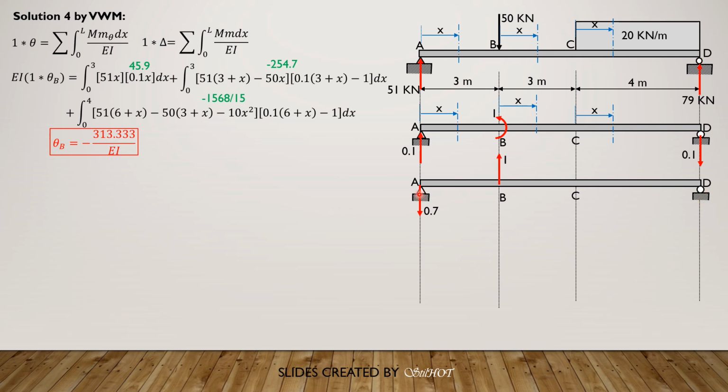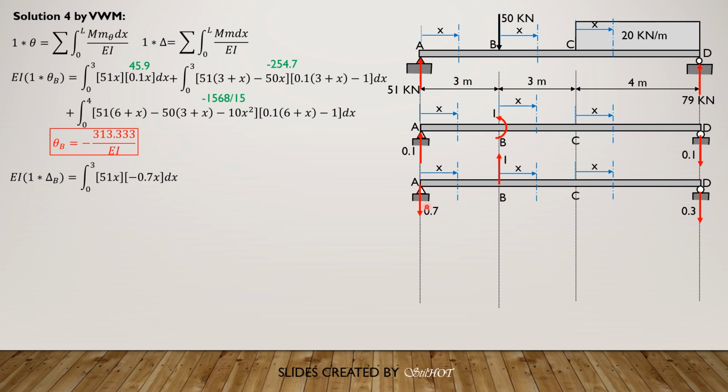So it is 1 times 7, or reaction at A downward times 10 equals 1 times 7. Therefore, 7 over 10 is 0.7. Similarly, reaction at D would be 0.3 downward to balance. So same sectioning as before. Then EI delta B equals integral 0 to 3 of 51x as before.